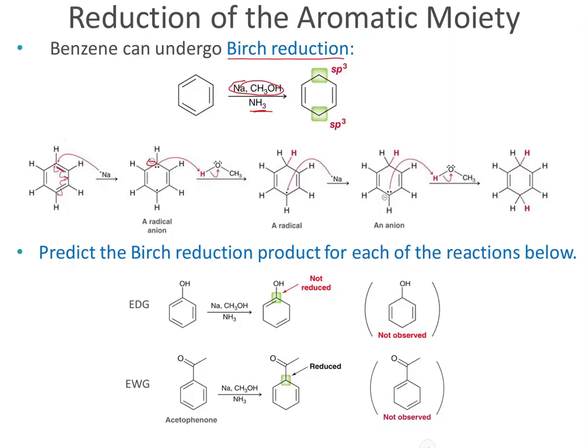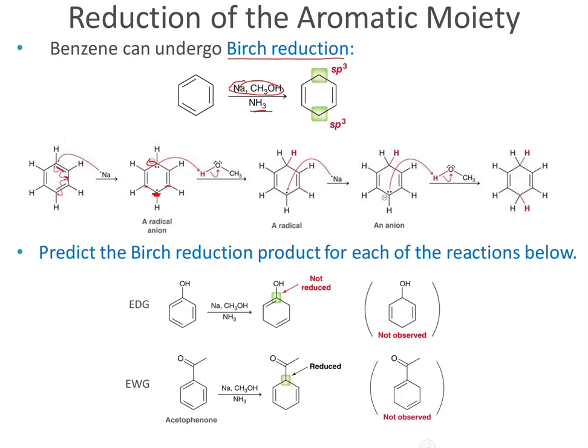So we form a double bond here, and then we end up with the electron in this position. Now, if you look at that, the electron in this position is going to be stabilized because it is in the allylic position of these two double bonds.